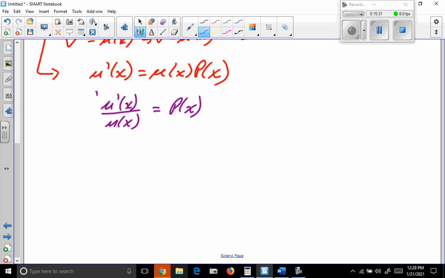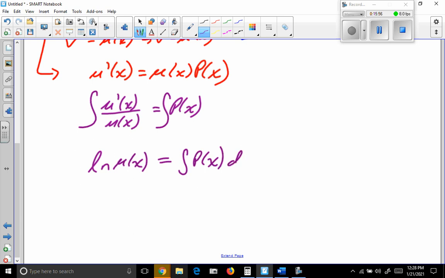If we were to integrate both sides, this is basically du over u, the derivative of a function on top of the function. So that integrates into natural log absolute value of mu of x. And on the other side, we've got the integral of P of x dx. We don't know what P of x is, so we don't know what the integral of that is going to be yet. But we can solve this for mu.